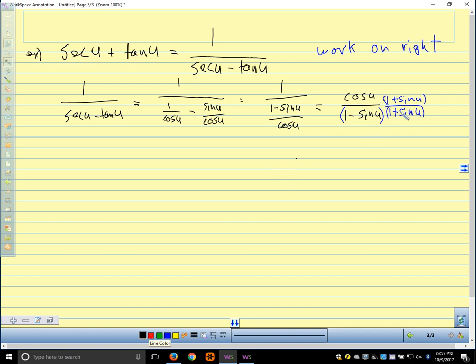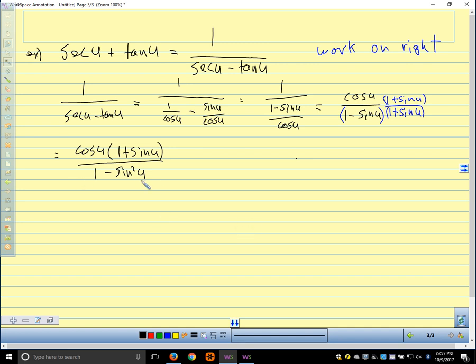So I end up with cosine u times 1 plus sine u over 1 minus, when I multiply these together, sine squared u.